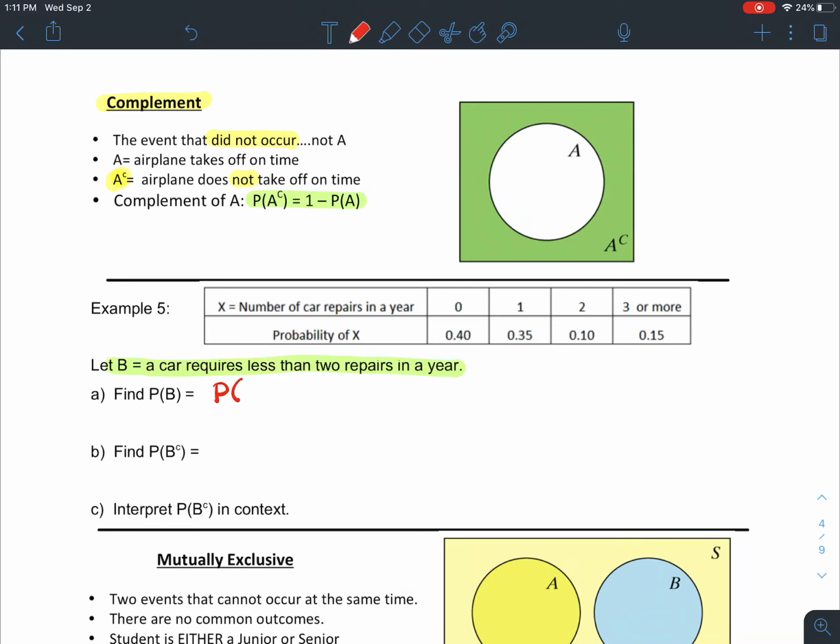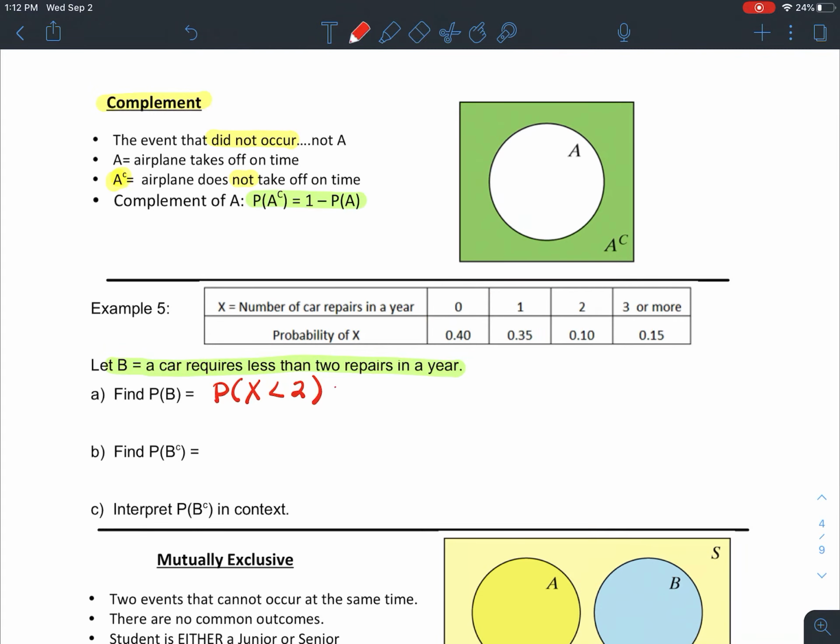Keep in mind here, X is the number of car repairs. So if we're looking for the probability of event B occurring, I'm just going to spell that out. That is that the number of car repairs is under 2. I'm not actually counting the 2. It said less than 2.